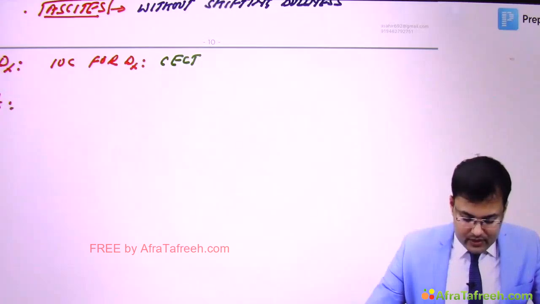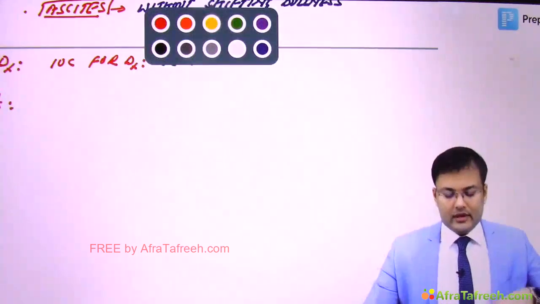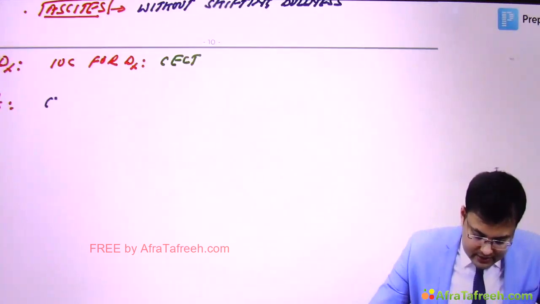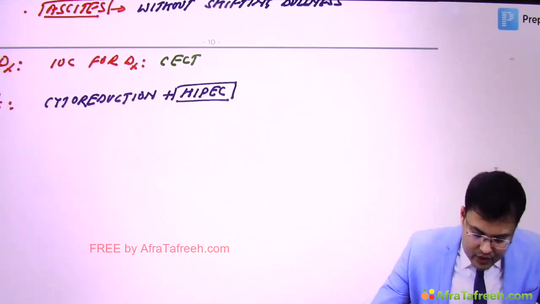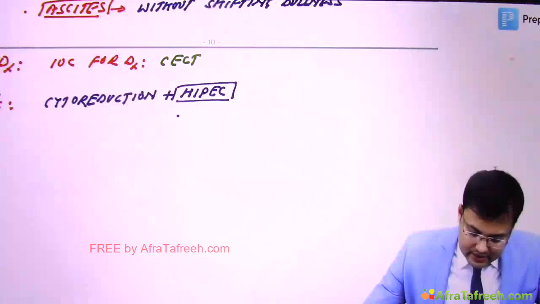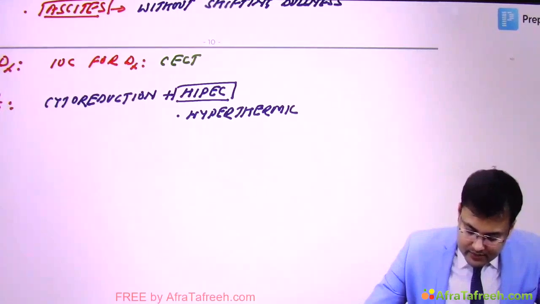Okay. So how do we manage treatment? You have to remember the principle. The treatment principle is cytoreduction plus HIPEC. What is the full form of HIPEC? It's hyperthermic intraperitoneal chemotherapy.